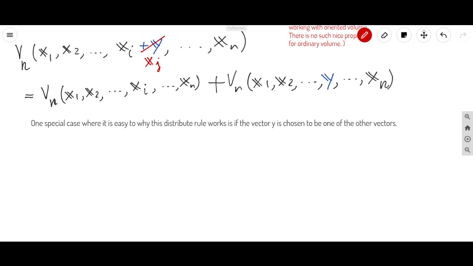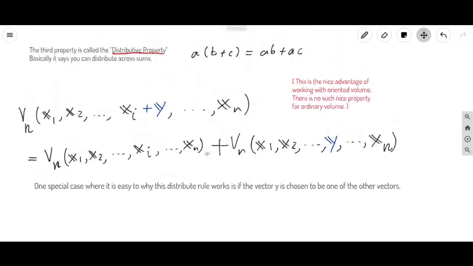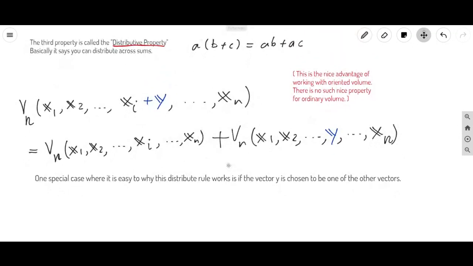If you draw a picture of that, that's going to be easy to see. And I'll put it on the homework for you to justify why it works in this special case. And then from this special case, you can then argue the more general case, why it then works for an arbitrary vector. So some work is definitely required to justify this distributive rule, this distributive property.